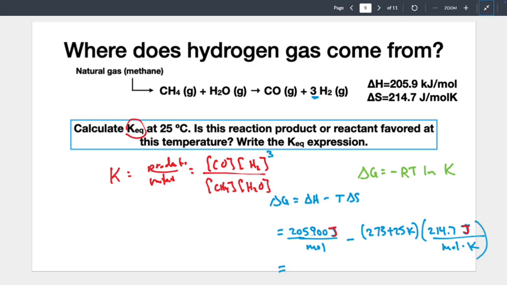What do we get for delta G? I got negative 141,000. So I'm hearing negative 141,000 joules. If you're getting 0.0, something weird is going on there, because that's not even a joule to kilojoule issue.